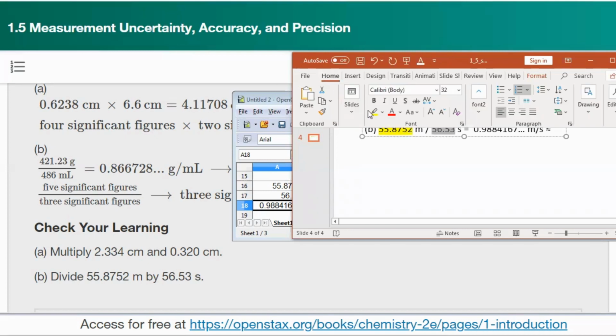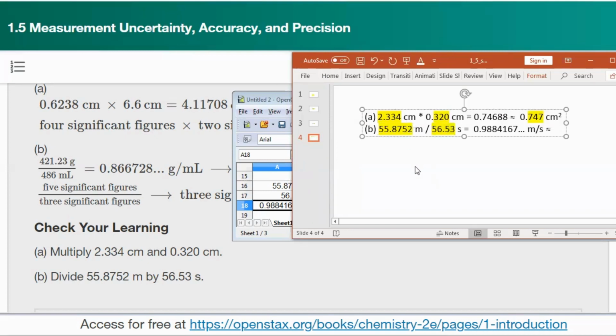So we take the number of significant figures, and the answer should have the same number of significant figures as the numerator or denominator with the smallest number of significant figures.